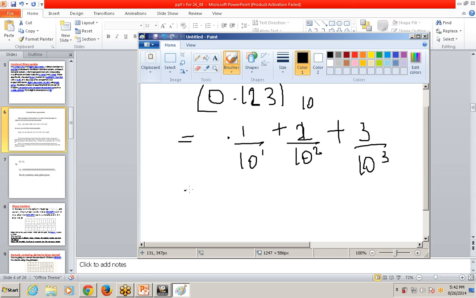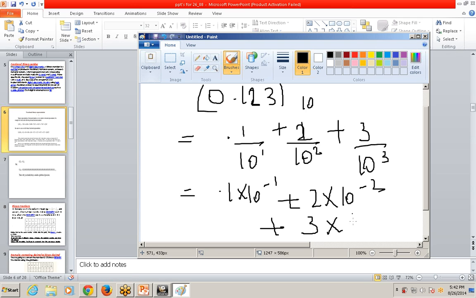So if I want to represent within the numerator, this becomes 1 into 10 power minus 1, plus 2 into 10 power minus 2, plus 3 into 10 power minus 3. So this is how we can represent the fraction number.